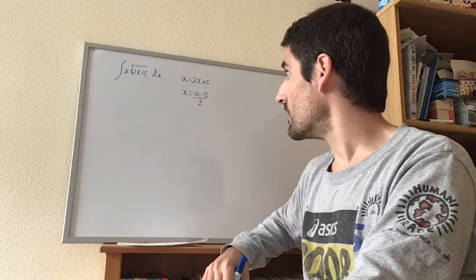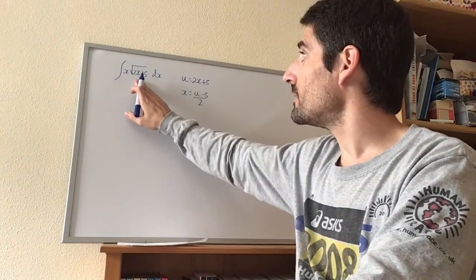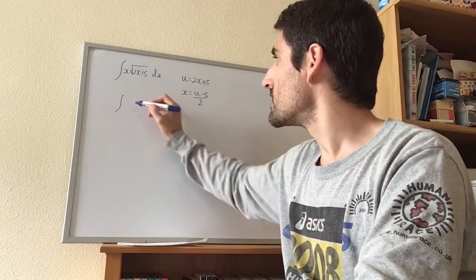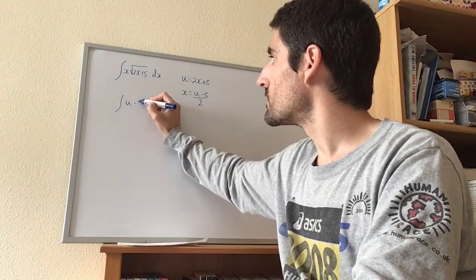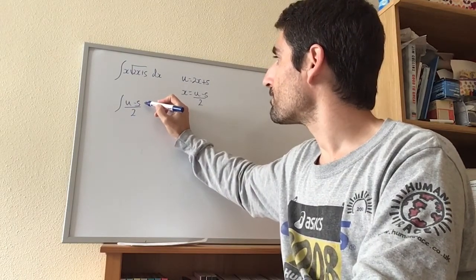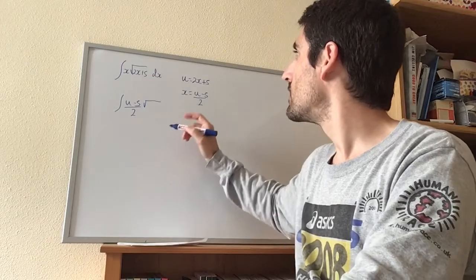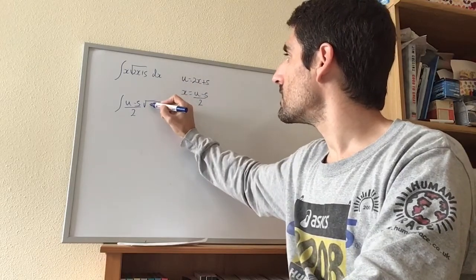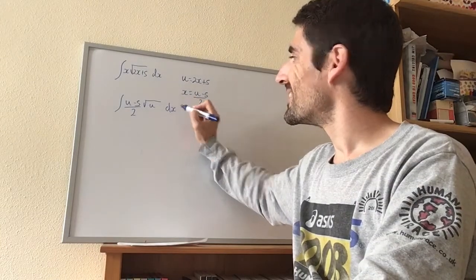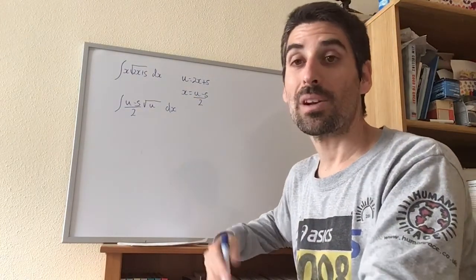Now I can rewrite my integral as the integral of u minus 5 over 2 times square root of u dx.